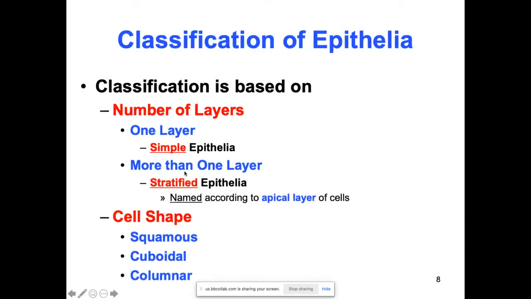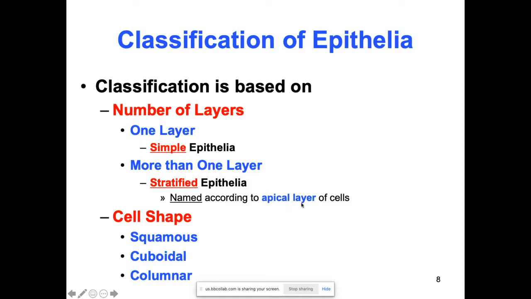We spoke about the classification of epithelium. We either say if it's one layer thick, it's simple epithelium. If it's more than one cell layer thick, we call it stratified. And again, it's based on the number of cells at the apex, right?